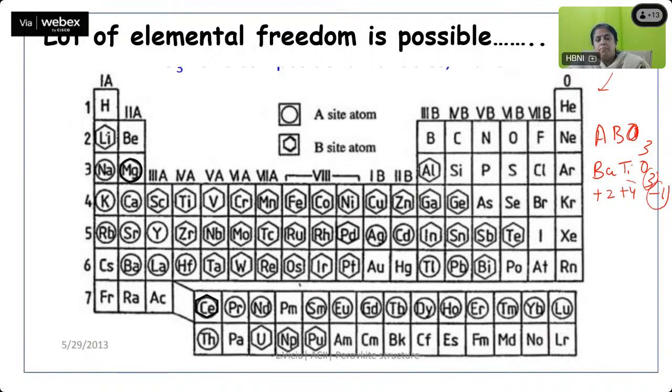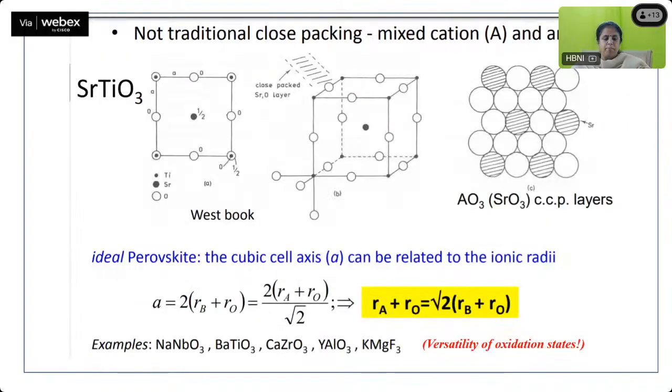This is one class of compound wherein you can have the cations +1 +5, +2 +4, +3 +3. So much elemental versatility is possible in this class, maintaining the same structure with different combinations of charges. This is your periodic table, and the elements that are circled or put in a hexagon can all occur in the ABO3 structure at either the A site or the B site. That is the beauty of this particular class of compound.